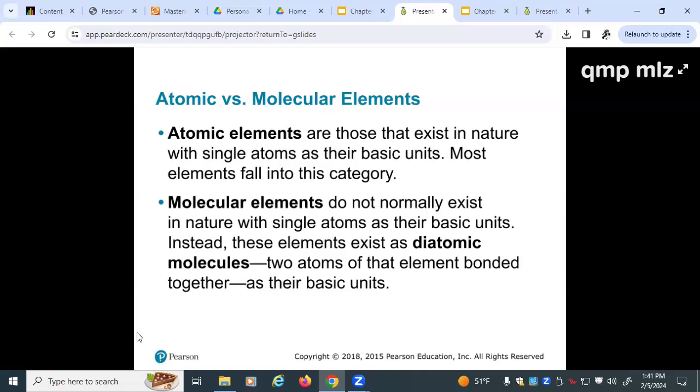Halogens are so reactive that they react with themselves if there's nothing else to react with. That's an example of a diatomic molecule, where I've got two fluorine atoms that, instead of existing as atoms, link up together to make a fluorine molecule, F2.